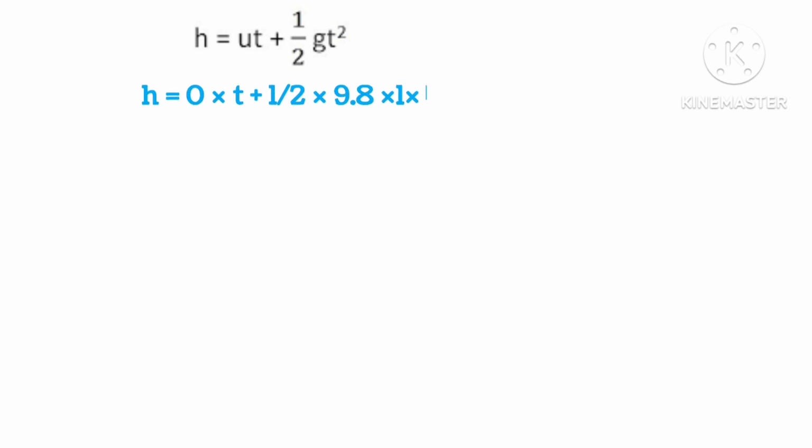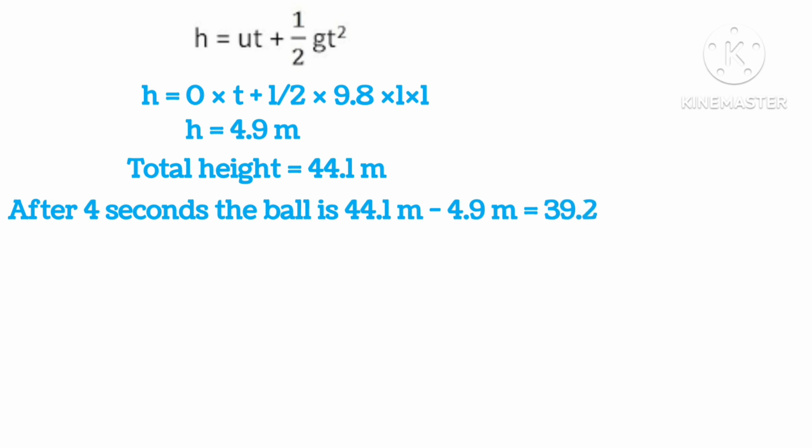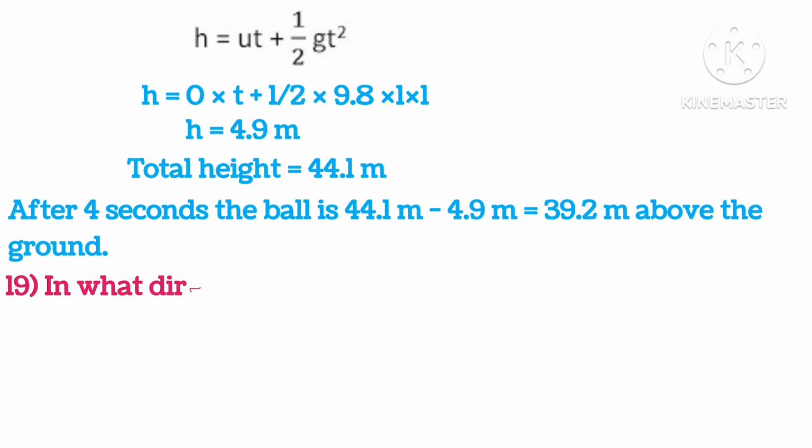So again putting the values in here, we get the height 4.9 meters. Now the total height will be 44.1 meters. After 4 seconds, the ball is 44.1 minus 4.9, that is 39.2 meters above the ground.